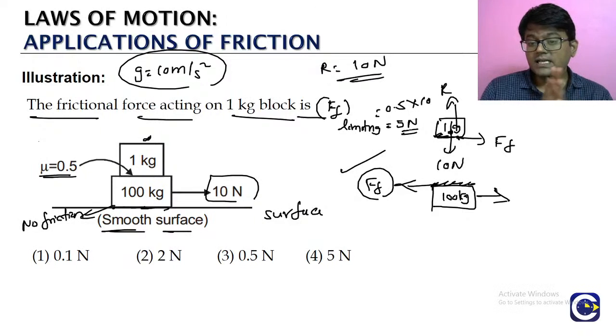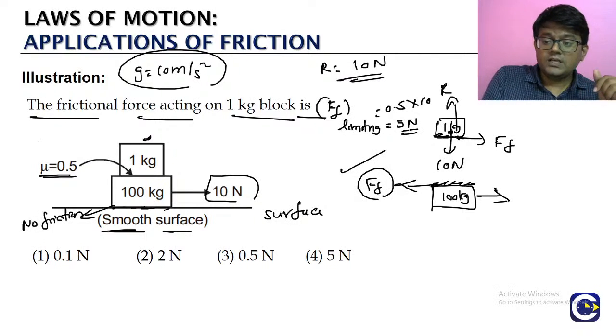Now the question is, will the friction be 5 newtons? The limiting value of friction does not tell us the actual value of friction, correct? So how do we know the amount of friction that will be acting? What is the main purpose of friction?